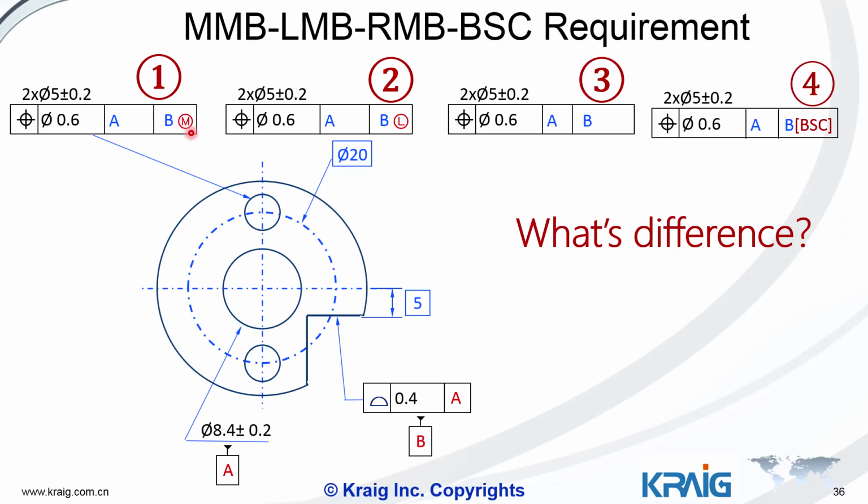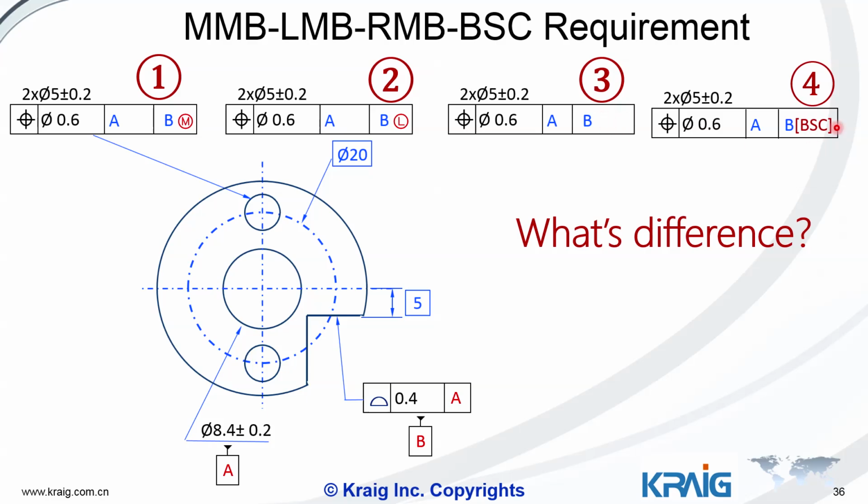First, BM, we have learned, but we should explain what it means by BM if datum B is a surface. The surface is not a feature of size, right? So what does it mean, BM? Next, BL. What does it mean, BL? Okay. Next, there's nothing here.